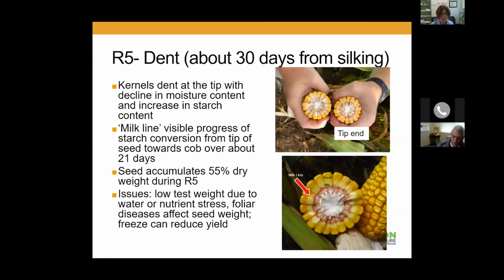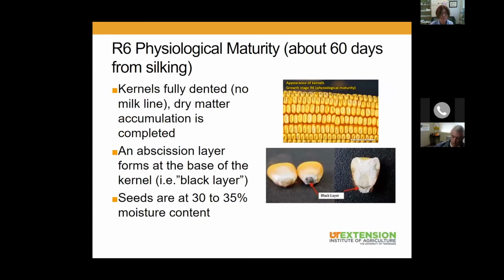If you have corn that is denting and you get a hard freeze, you can actually reduce yield, because a hard freeze will basically stop the dry matter accumulation in the seed, and just wherever it is, that's where it terminates. So it's a really important time for seed fill and also for things like test weight.